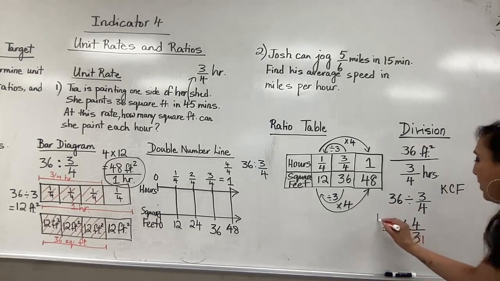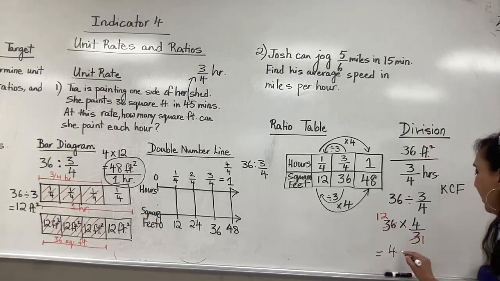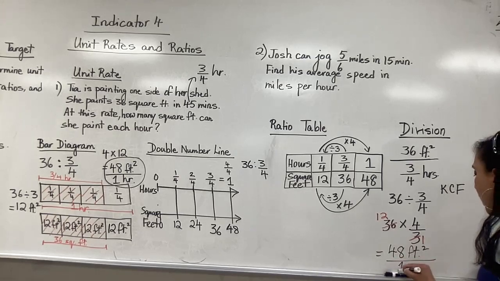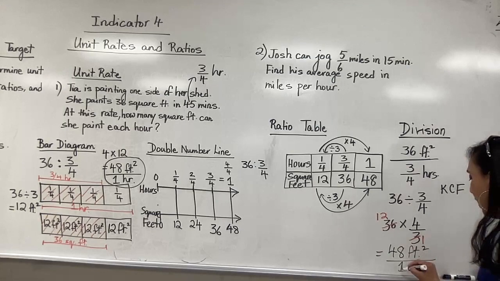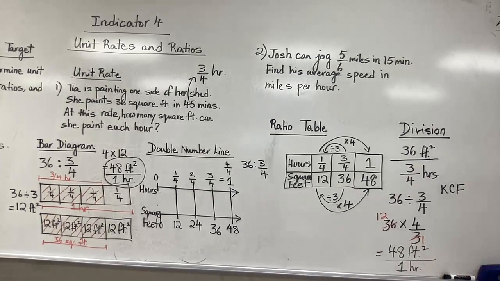All right, and 12 times 3 is going to give me 36. And so what do I have left? I have 12 times 4, which is 48 square feet in 1 hour. In 1 hour.